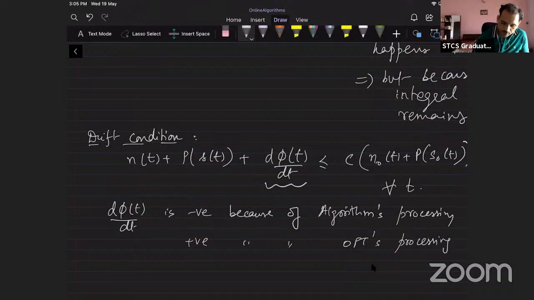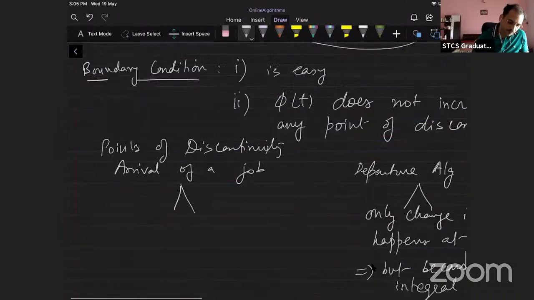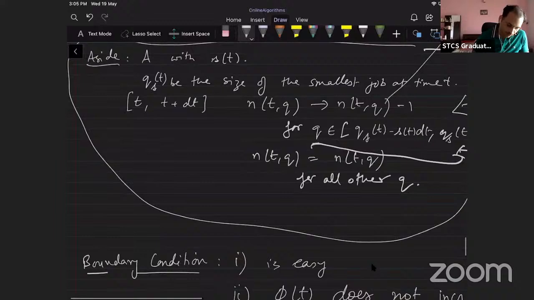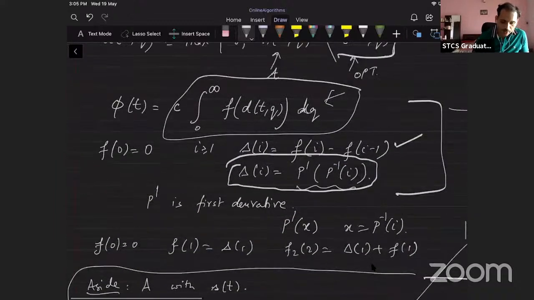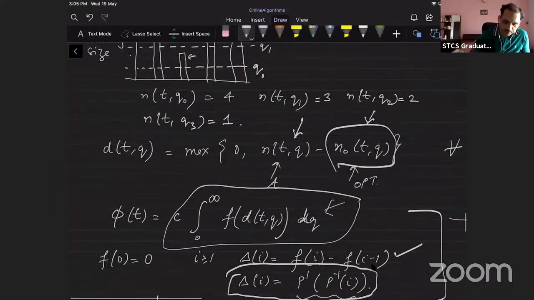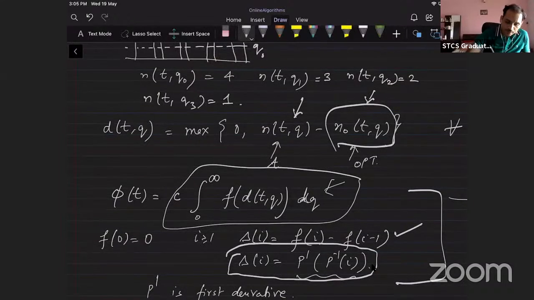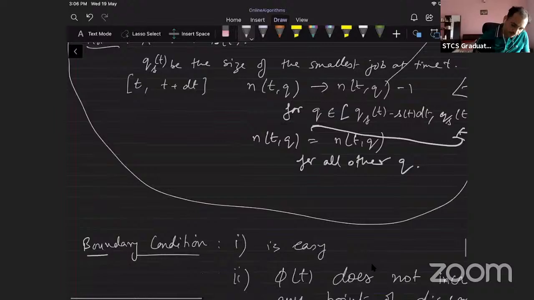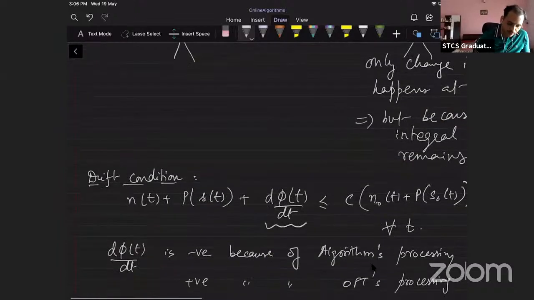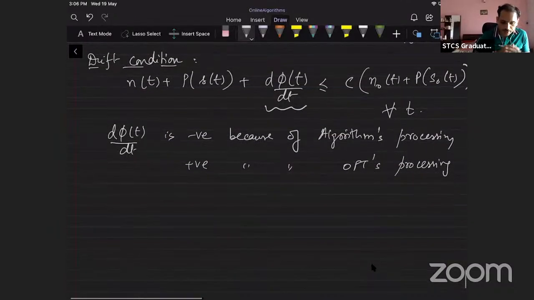If you see, phi of t is going down as the algorithm is processing jobs by bringing down n of t, and it goes up because of the negative sign when n0 of t decreases, which is the processing of the OPT. All right. So now we are going to look at both these conditions, how much is the negative drift, how much is the positive drift, and try to account for both of them.